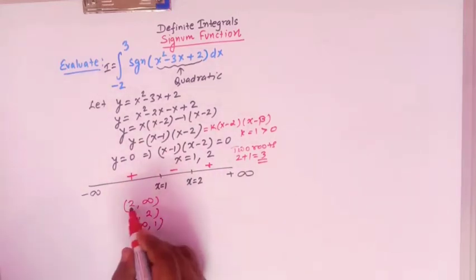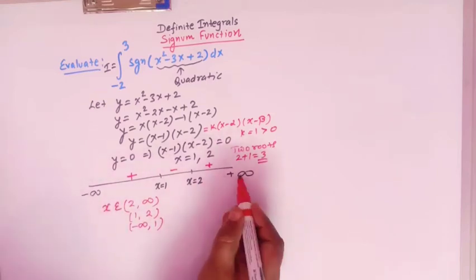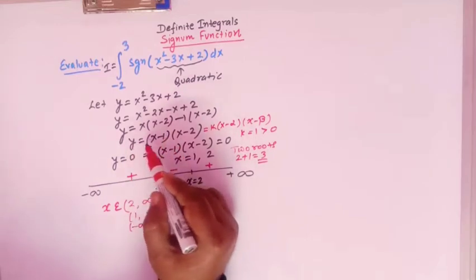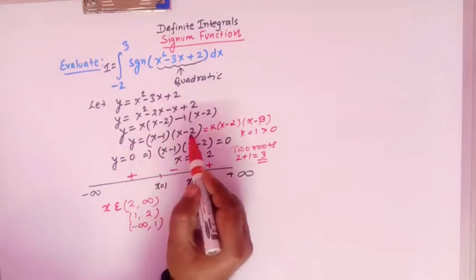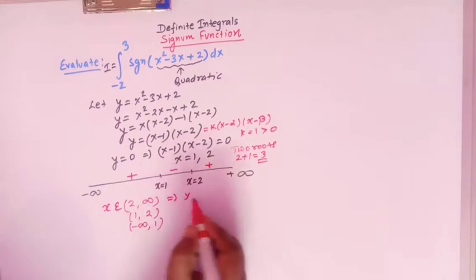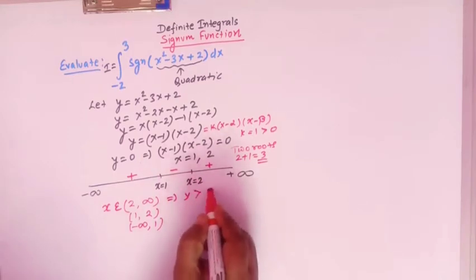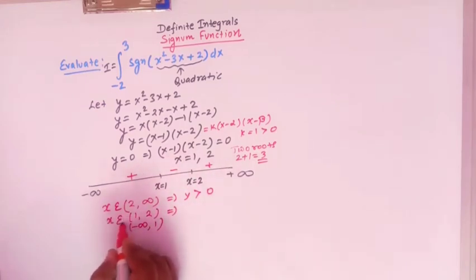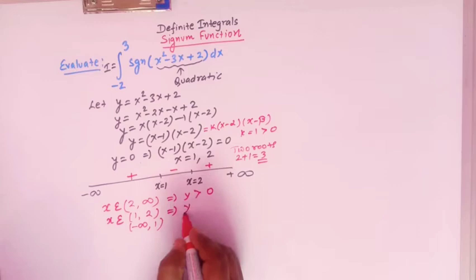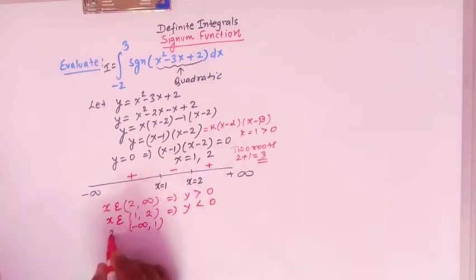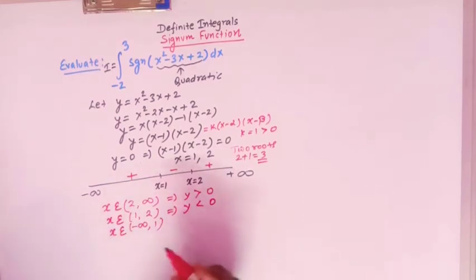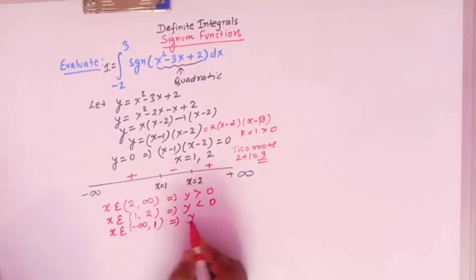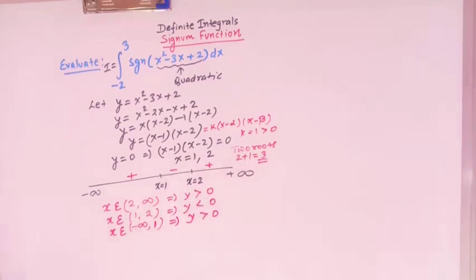So when x belongs to 2 to infinity, then this expression, y is equal to x minus 1 times x minus 2, is greater than 0. When x belongs to 1 to 2, then y is less than 0, and when x belongs to minus infinity to 1, then y is again greater than 0.